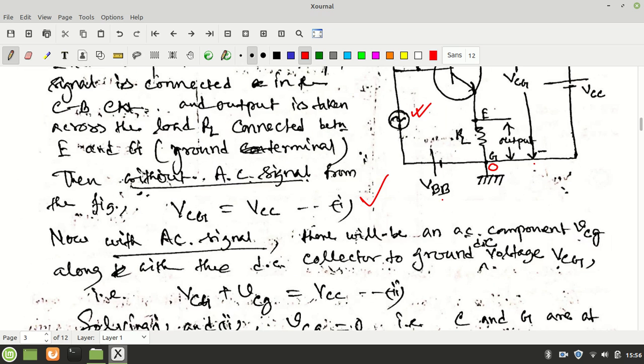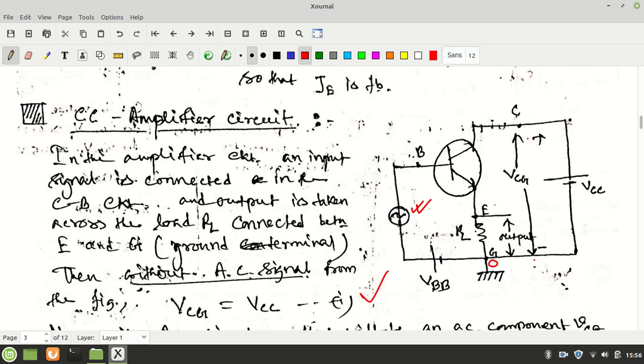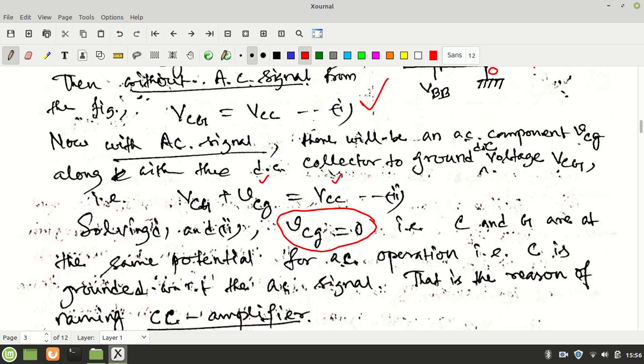So there should be an AC component of the potential also between the collector and the ground point. That component of the AC signal in VCG, according to KVL, should be equal to VCC, because in that loop you can consider it. Now VCG is equal to VCC, so both of them will cancel and result in VCG equal to 0. That is not the DC voltage, that is the AC voltage between the collector and ground, which is 0. That means the collector is grounded.